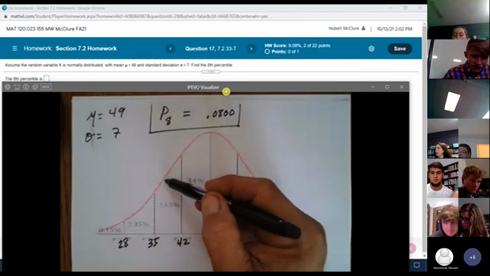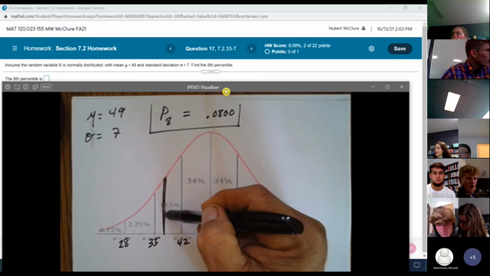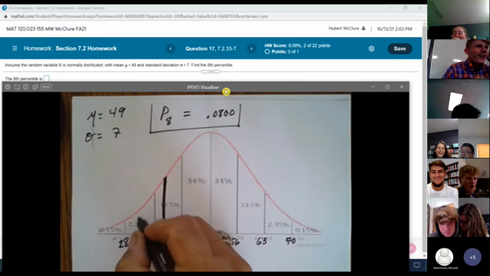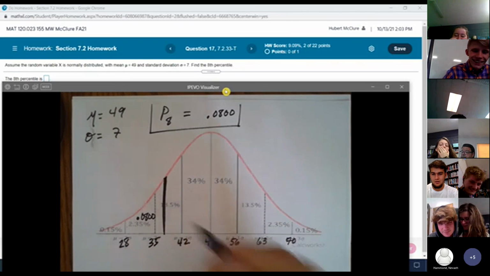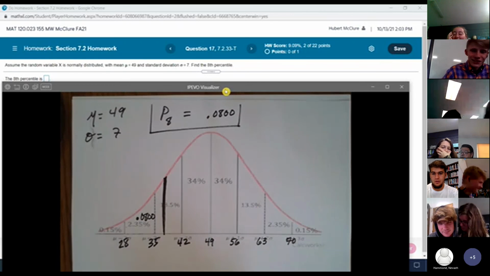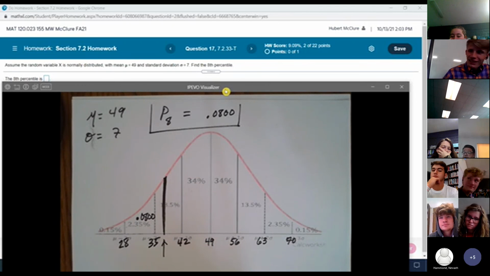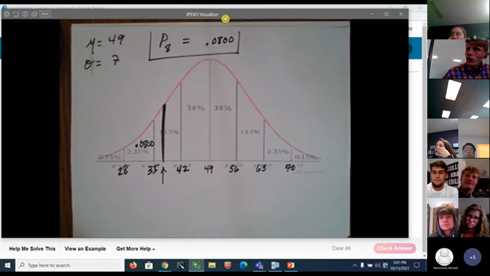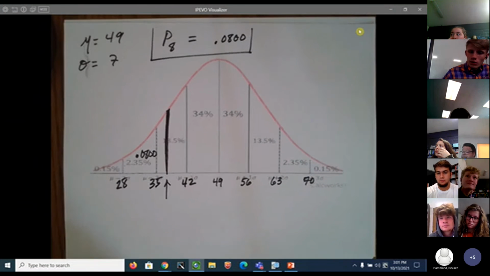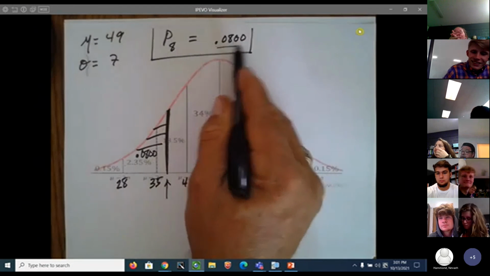So would you say that 8 is somewhere right in there, maybe? Got to use that empirical rule. 0.0800. And they want to know this number here. Well, we got to get a z number first. So inverse norm. Let's use inverse norm to find this area, which is that right there.